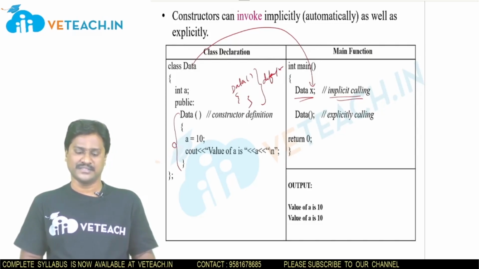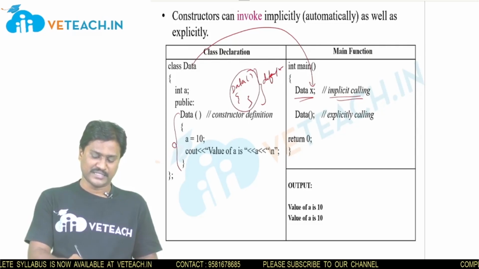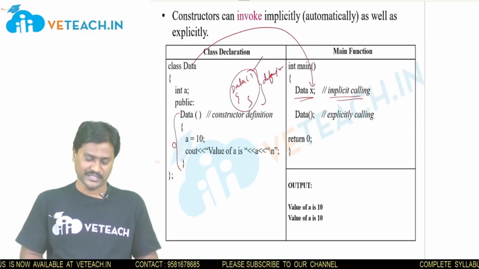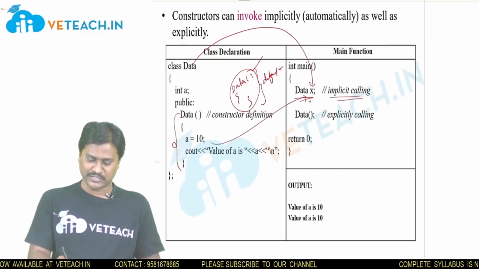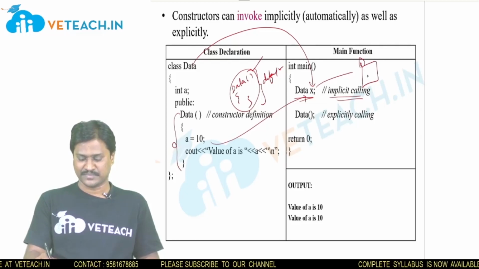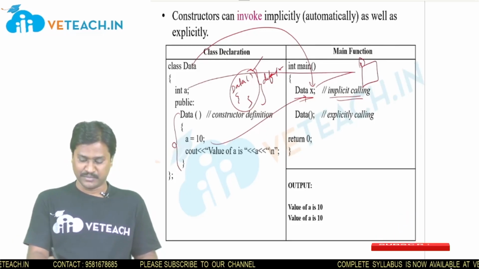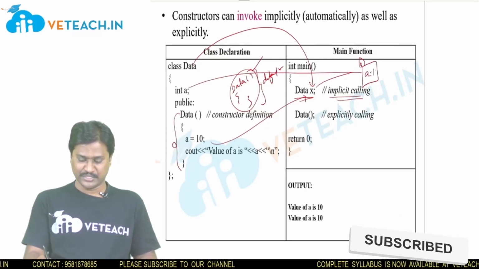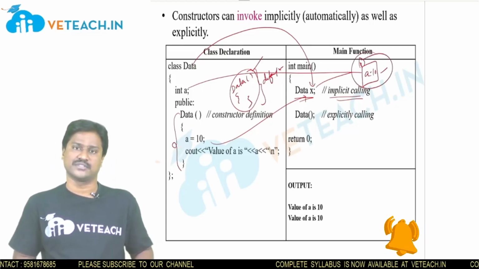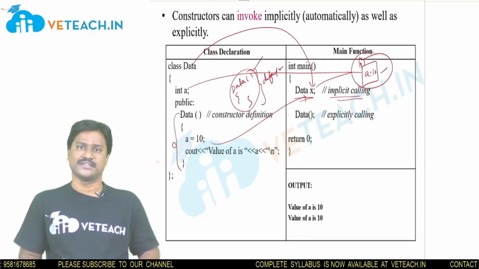If it is not defined, the compiler automatically creates one, or if the user has defined a default constructor, that constructor will be called and executed and allocates memory for this object called x. So this object contains the variable a and some initialization of it. This task will be done by this default constructor or any constructor defined in a class.